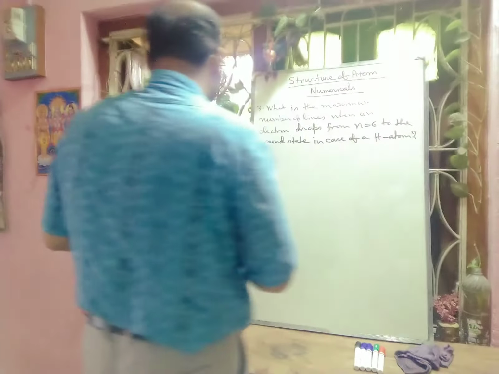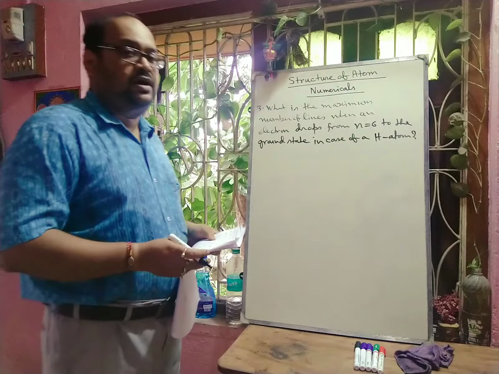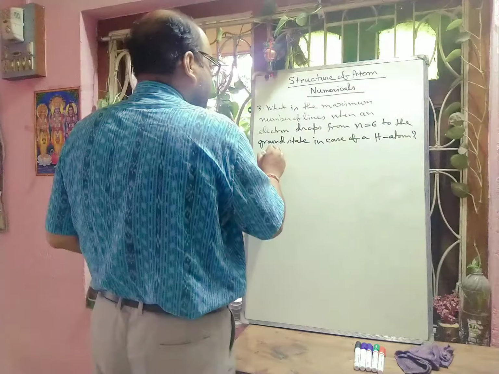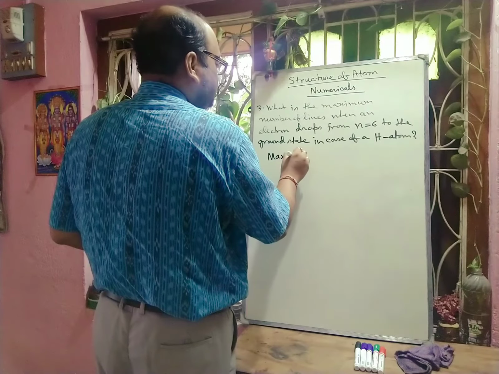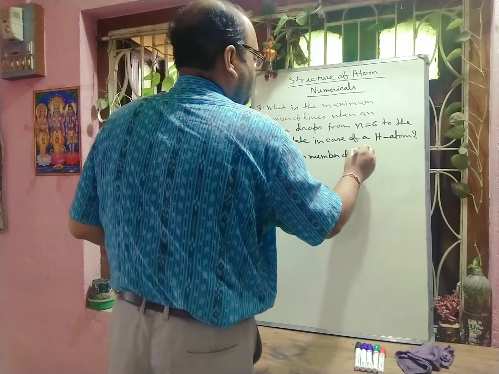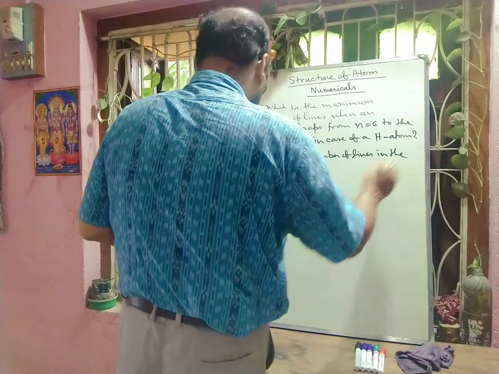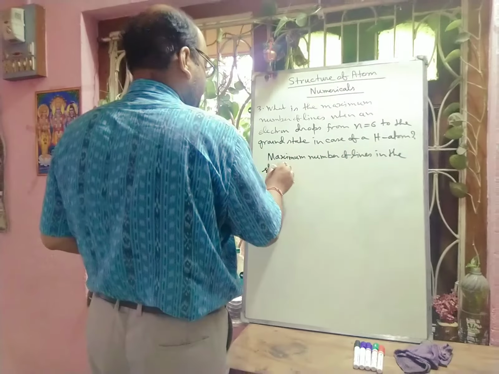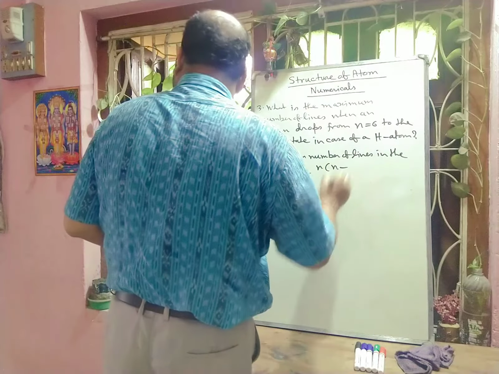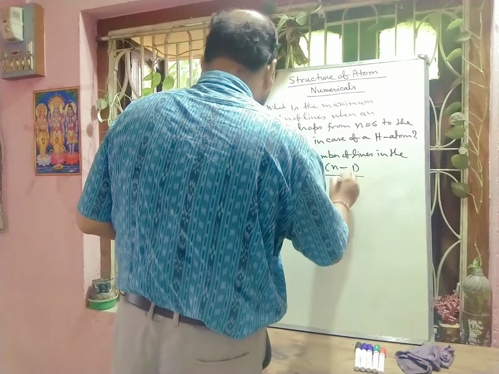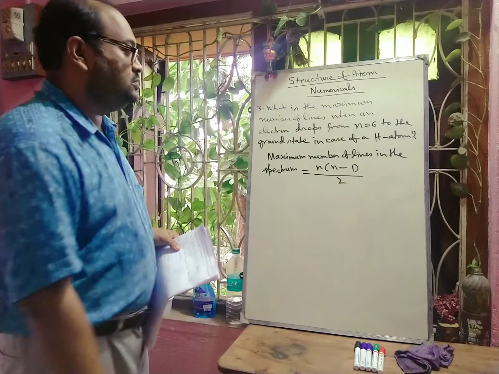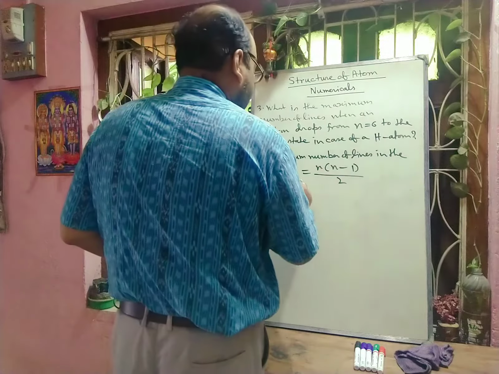Okay. Now here we have already informed you that one formula is there for the maximum number of lines in the spectrum. Maximum number of lines in the spectrum will be equal to n into n minus 1 divided by 2. n is the outermost shell. So here n is equal to 6.